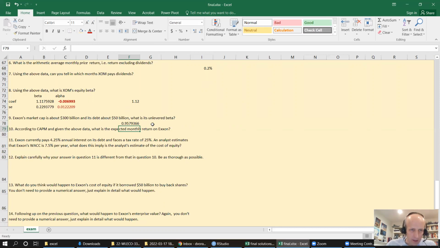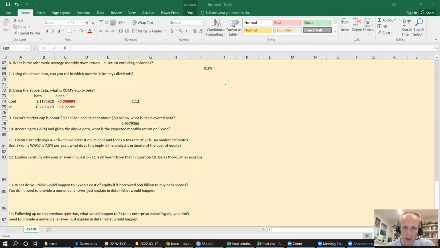According to CAPM, and given the above data, what is the expected monthly return on Exxon? Let me actually write CAPM using my handy annotations here. Let's use red.